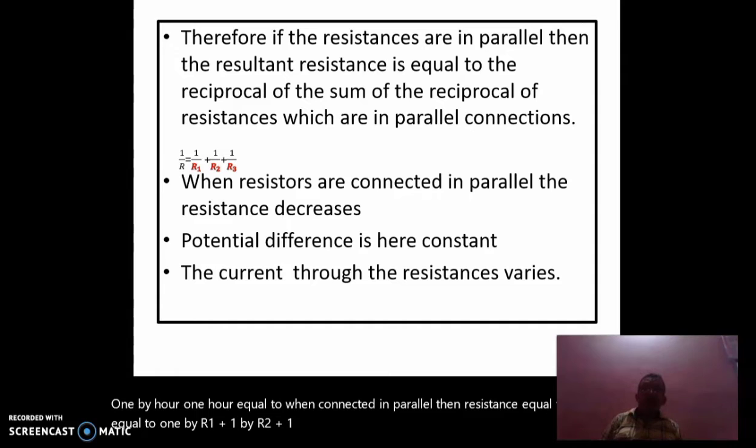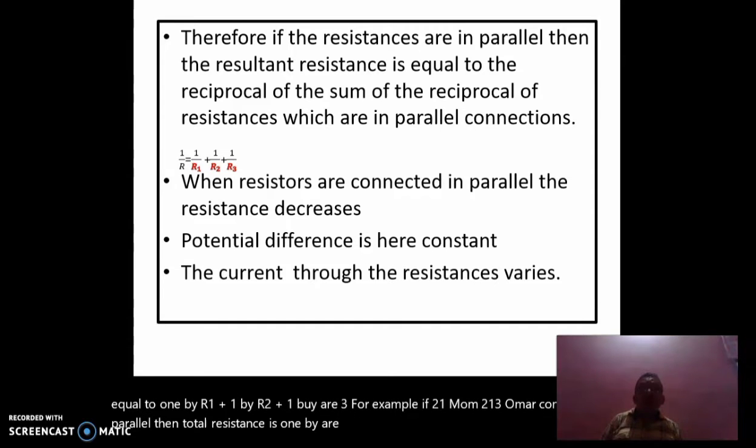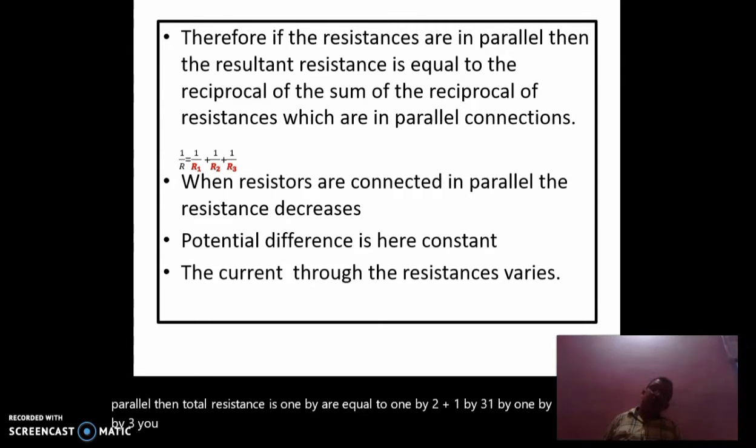For example, if 1 ohm, 2 ohm, 3 ohm are connected in parallel, then 1 by R equals 1 by 1 plus 1 by 2 plus 1 by 3. You know how to calculate fractions. So take the reciprocal, then you will get the resistance.